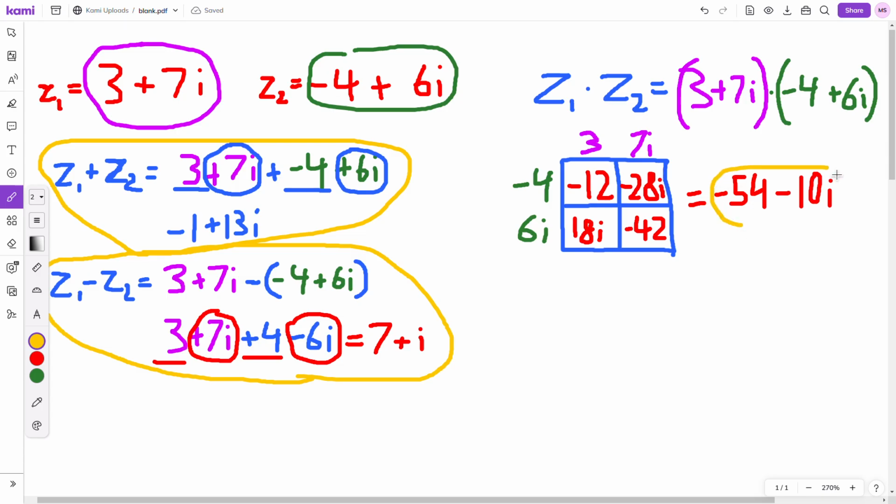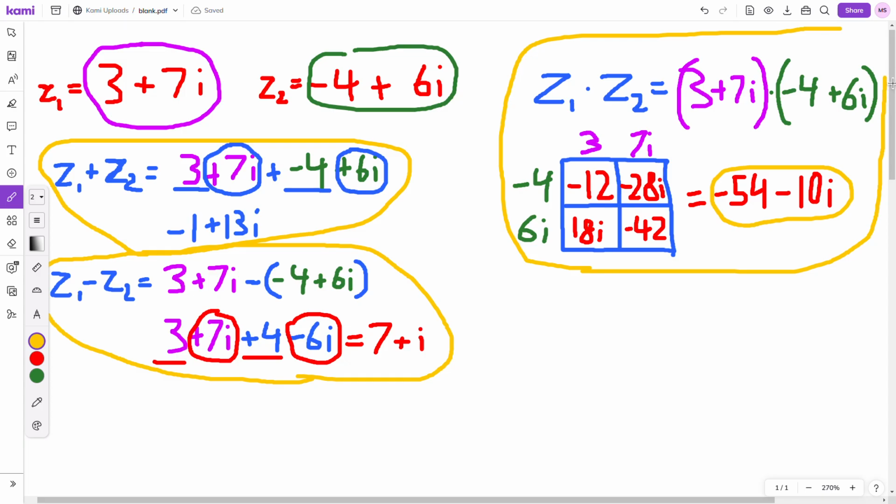I have a question. Yes. How come when you multiplied 6i and 7i, the i disappeared? Excellent question. I will expand on that. For those of you listening at home, the question was about what happens to 6i times 7i.